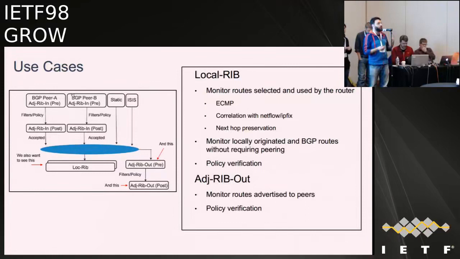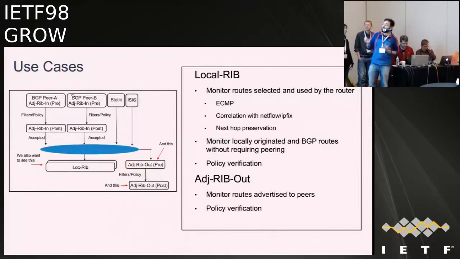You want to see what people are advertising to you and what you are throwing out, correlate against NetFlow and IPFIX, and see also what you are advertising to the peers. And then you have to pick up to three of the four: screen scraping, NETCONF, BGP, and BMP. So why not, to use the words of one president, make BMP great, not again, but just make it great for the first time.